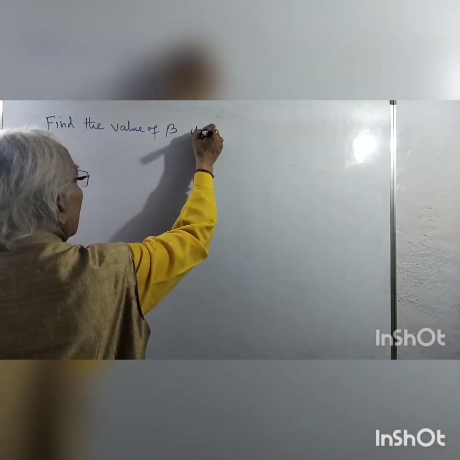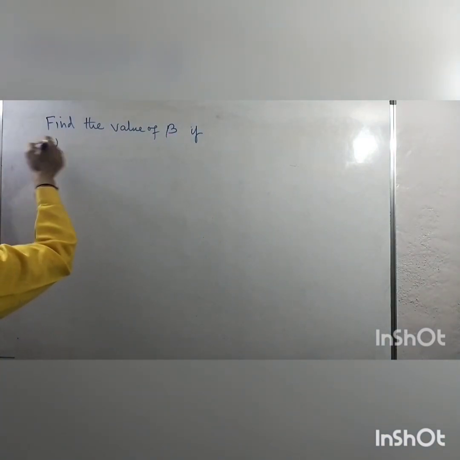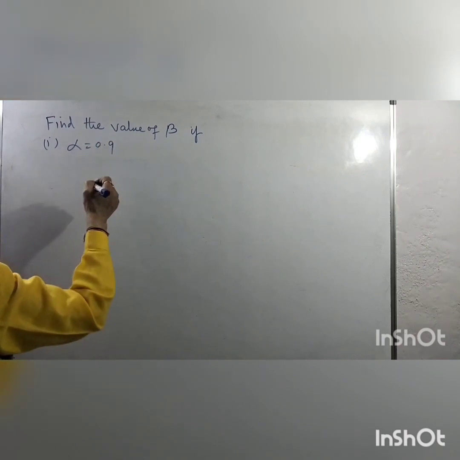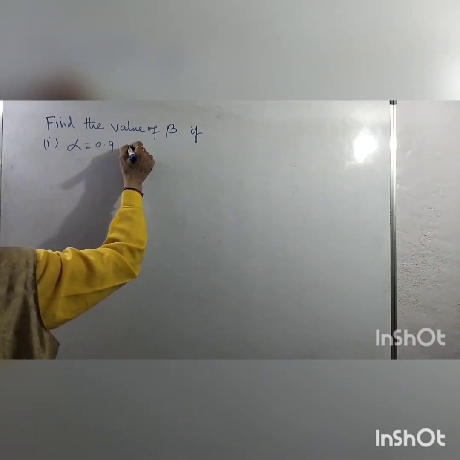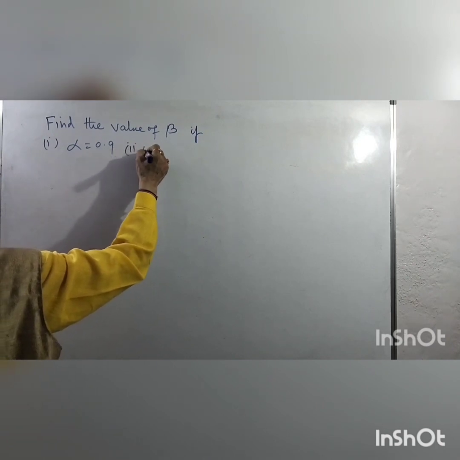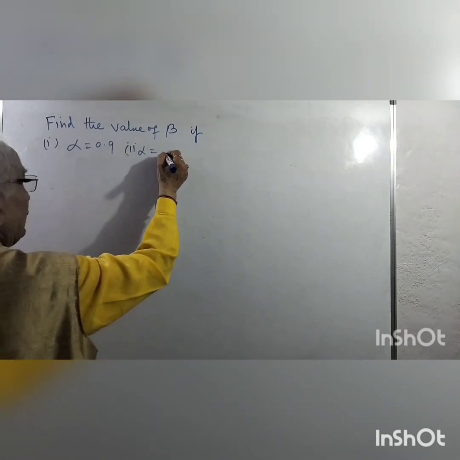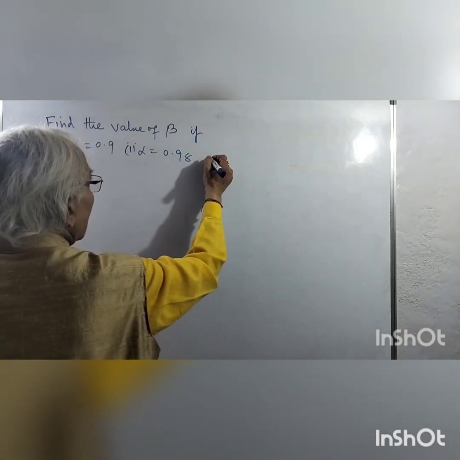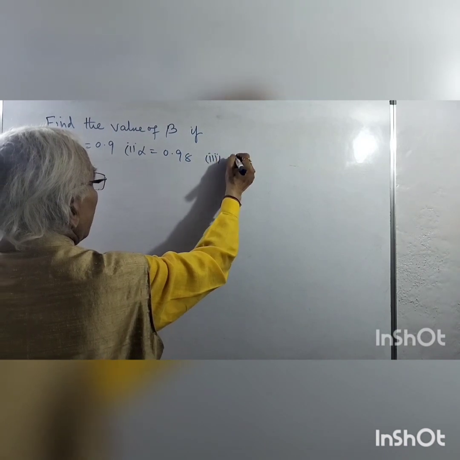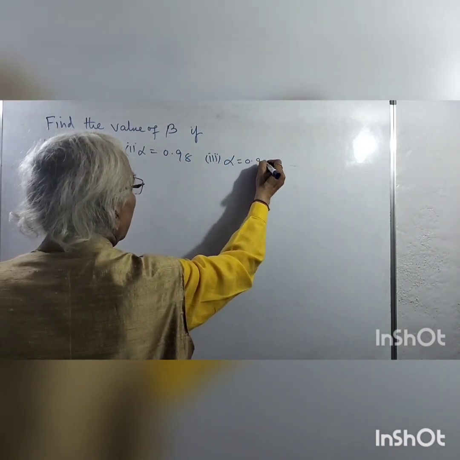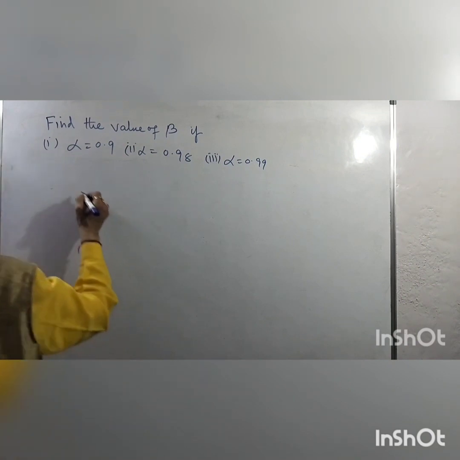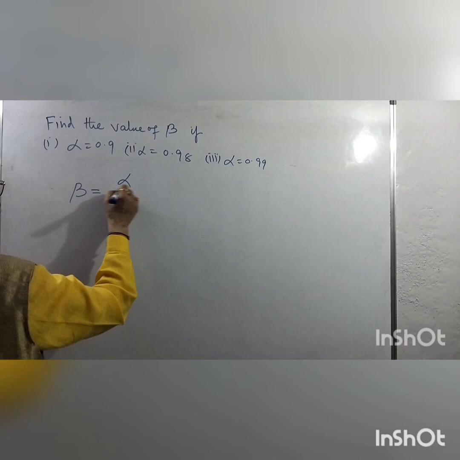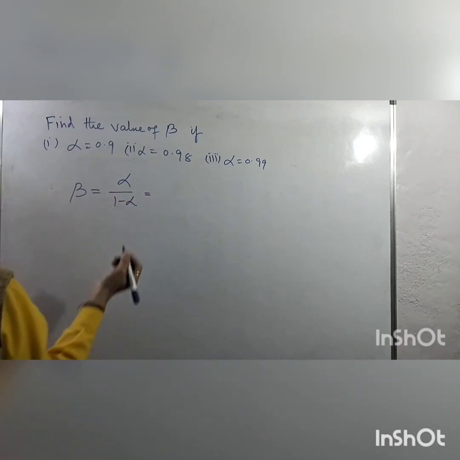If 1) alpha is equal to 0.9, 2) alpha is equal to 0.98, 3) alpha is equal to 0.99, you can get beta. Simply you have beta alpha relation. Beta is equal to alpha upon 1 minus alpha. So that is the relation.